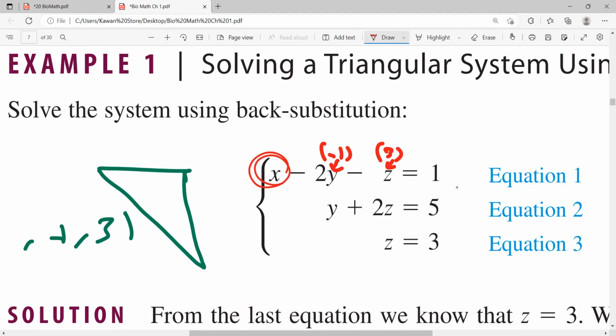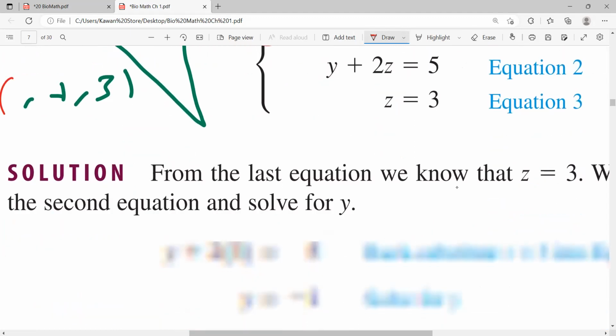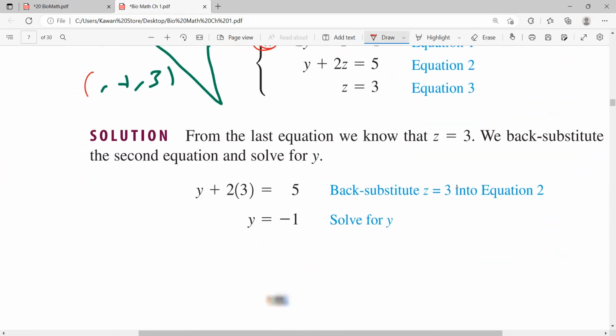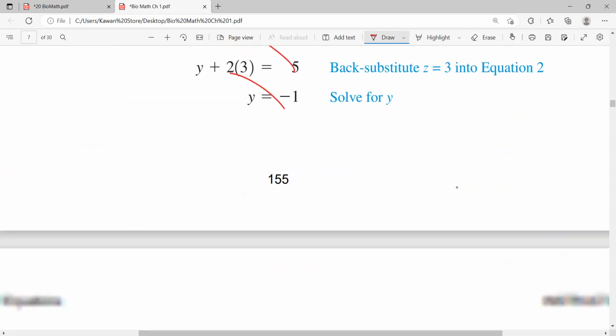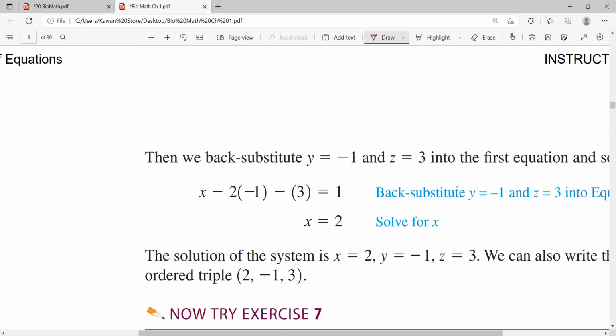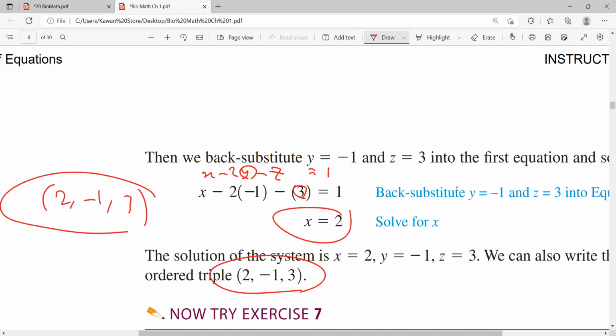So I will get x. Understood? In that case, I'm going to write x also, and that will be my solution. You can see we substituted, got y, and substituted in the first equation, x minus 2y minus z equals 1. Because y is minus 1 and z is 3, x is 2. So 2, minus 1, 3 is my solution.